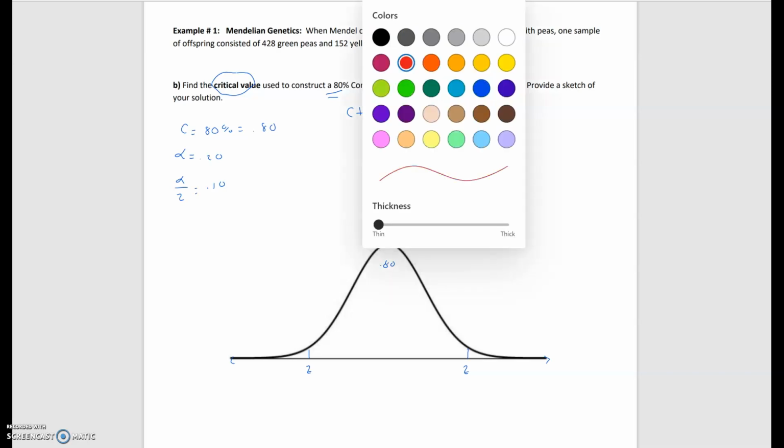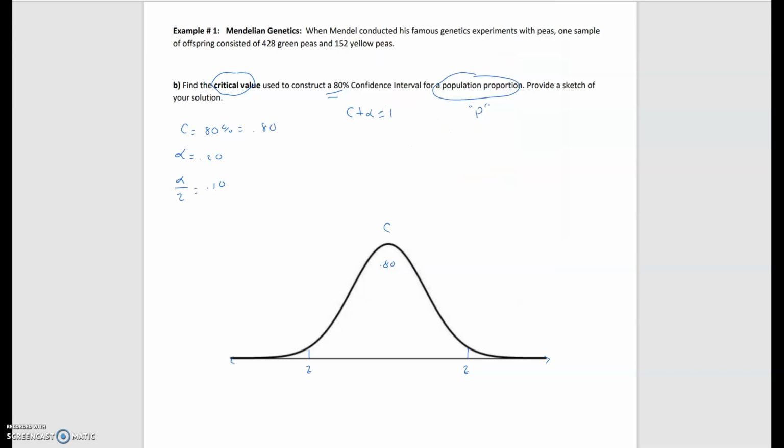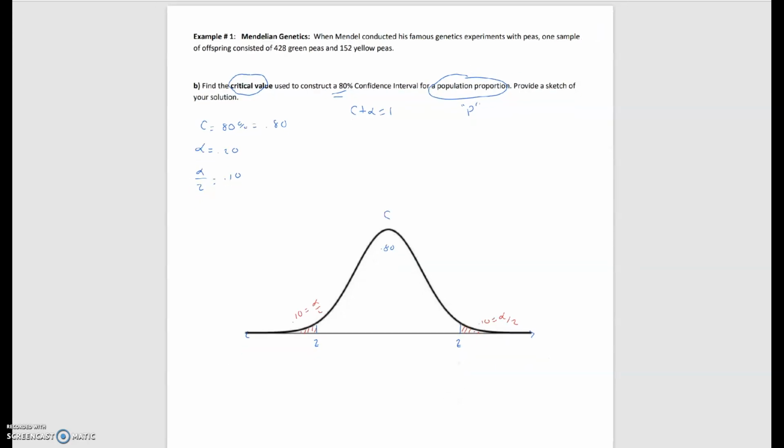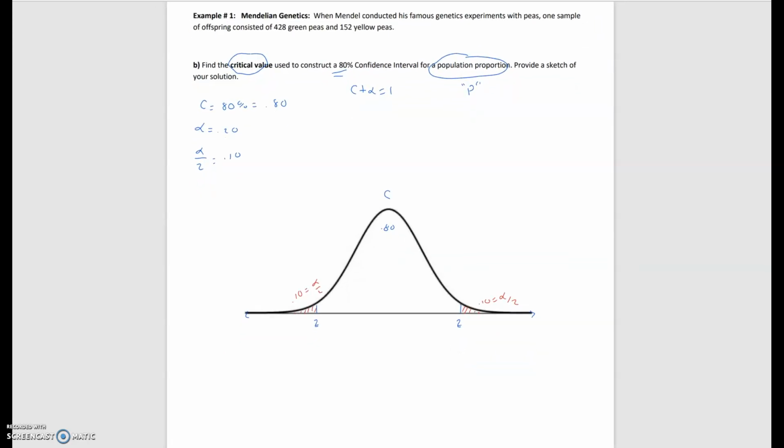And then the shaded region of the z-scores is going to be 0.10, which is equal to alpha divided by 2. Which is going to translate to the following. The z-score that we're looking for on the left is going to have 10% area to the left.